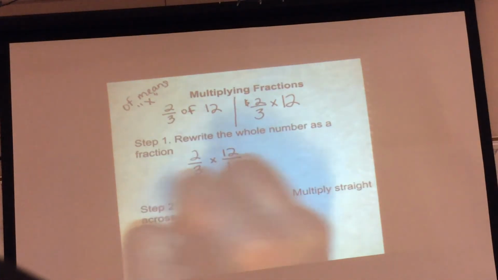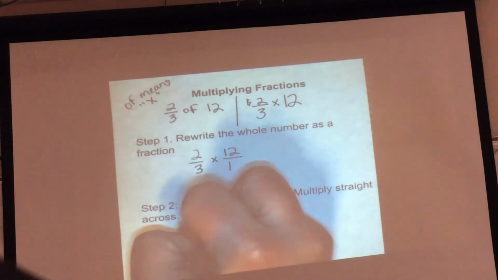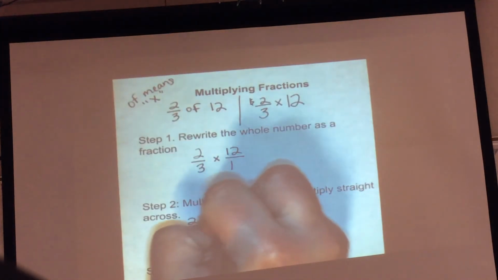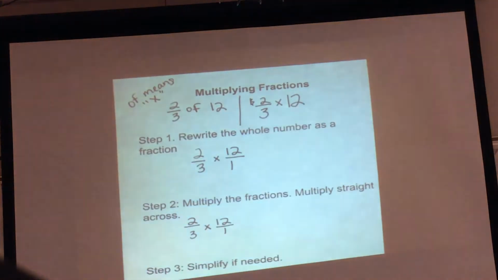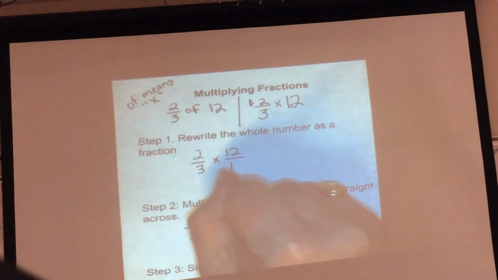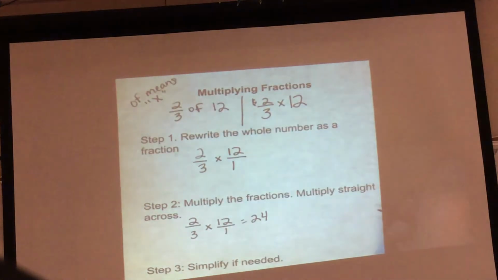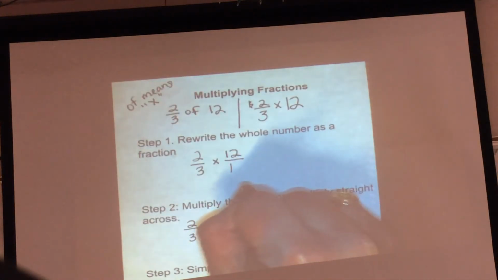Step 2 says, multiply the fractions, multiply straight across. So 2 times 12 is 24. 3 times 1 is 3.